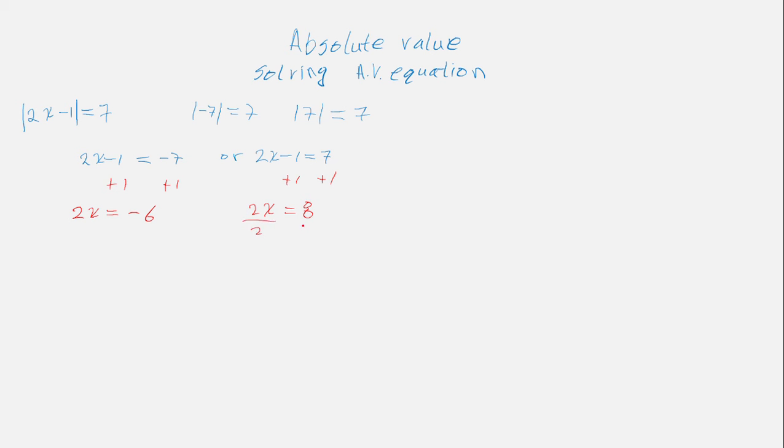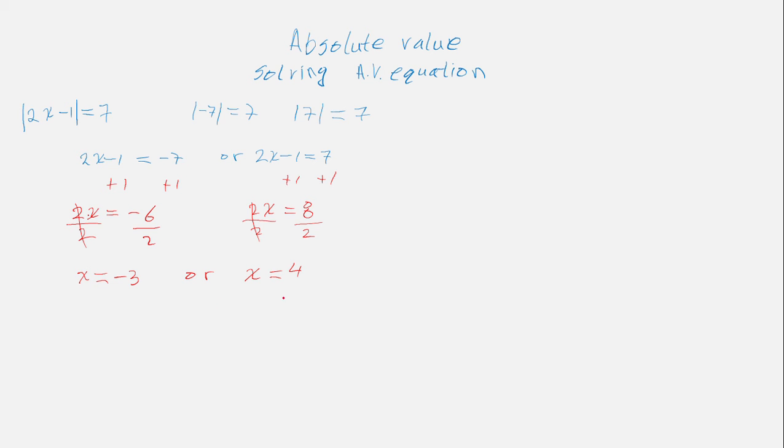All we need to do now is divide everything by 2. 2's go away, so we get x by itself, and x is equal to negative 6 divided by 2, which is negative 3, or x is equal to 8 divided by 2, which is 4.